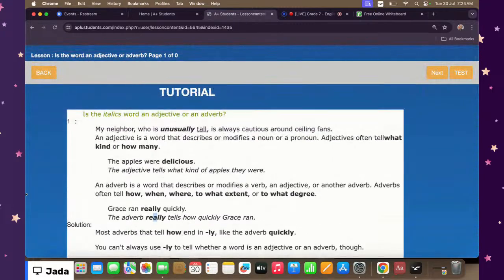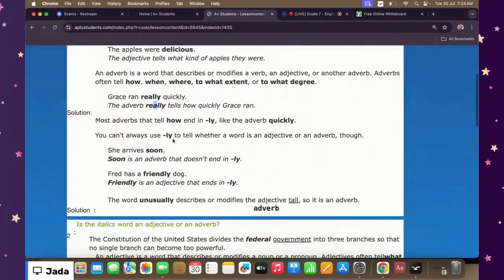So now it says, is the italicized word an adjective or an adverb? So you have to figure that out. My neighbor, who is unusually tall, is always cautious around ceiling fans. Now, is it adjective or adverb?